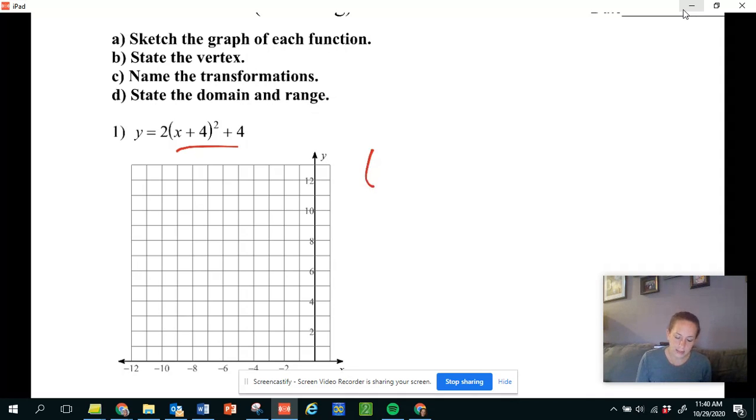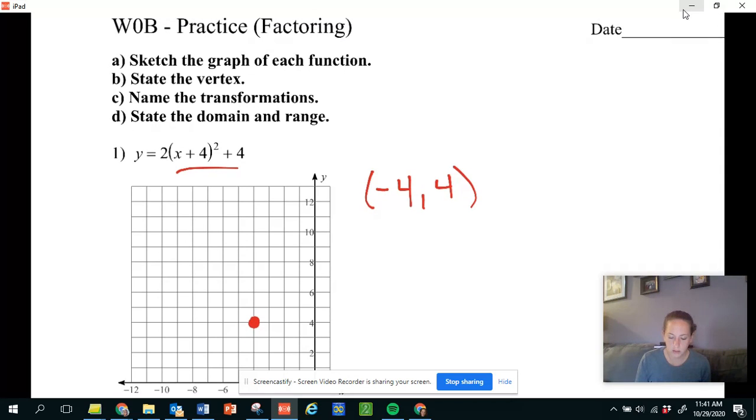So the vertex in this case will be -4, 4. So here's my vertex. Because the parent function starts at 0, 0, we know that it went left 4 and up 4.